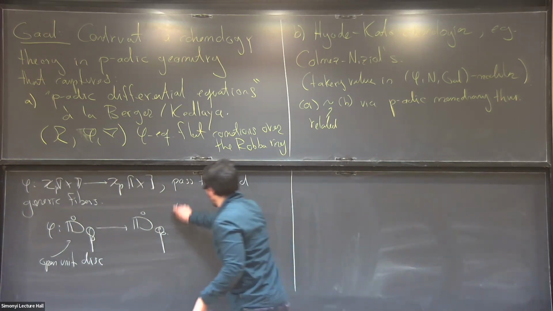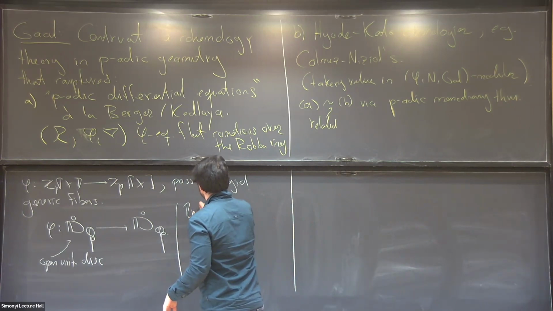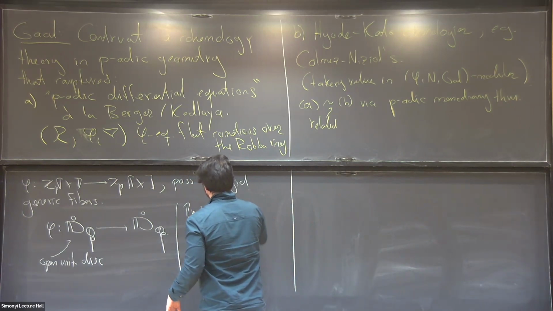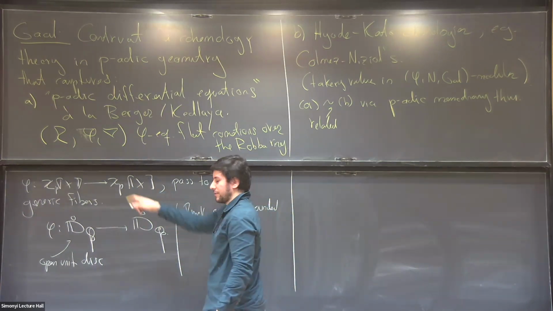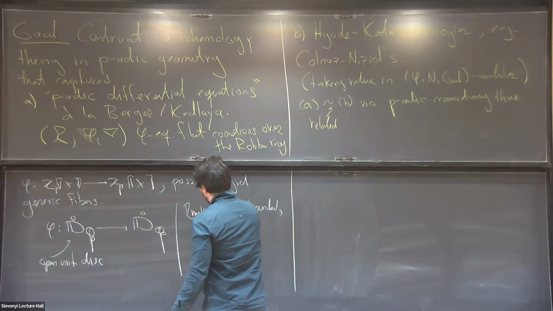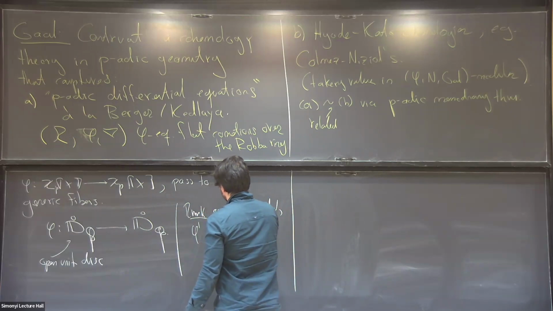So maybe a remark. It's bounded, and that comes from this thing. It has finitely many zeros.